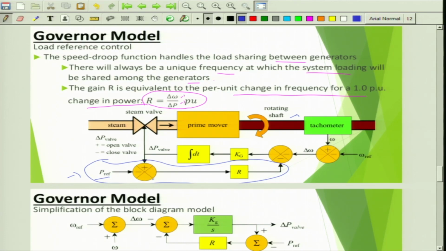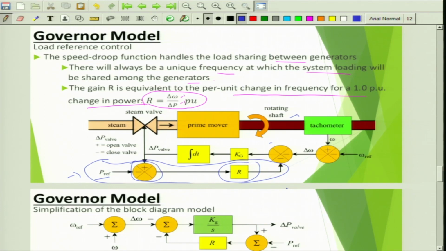Now there is a summation block, as you can see here. So delta P valve, how the valve position output is again checked with the load reference set point, and this output is connected to the droop coefficient, and this is again connected to the main summation block here.